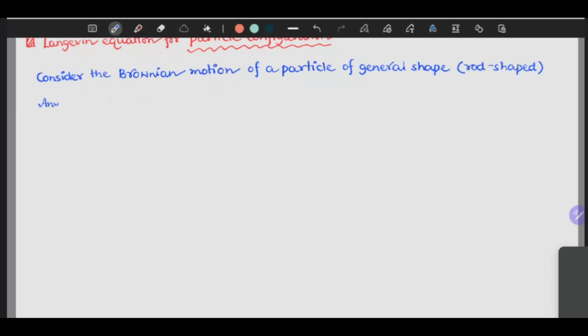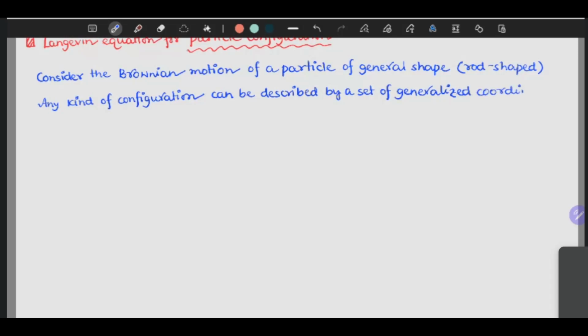So any kind of configuration can be described by a set of generalized coordinates x is equal to, let's say, x1, x2, x3, similar to the case where, for Cartesian coordinates, the generalized coordinates will be x, y, z.